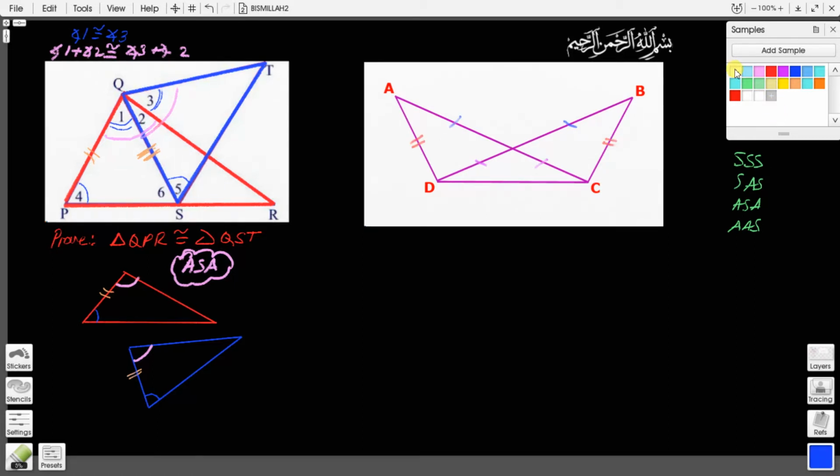Now in this question we are asked to prove that triangle ADC is congruent to triangle BCD. So let's try to see those triangles again. What triangles are we trying to prove?